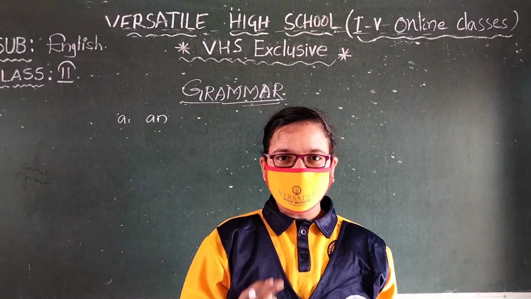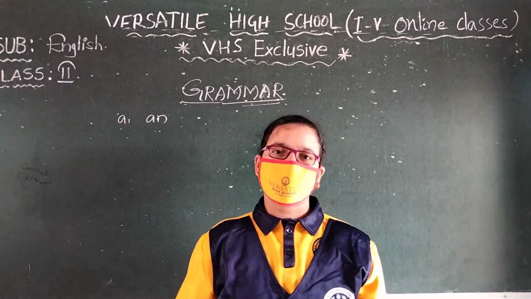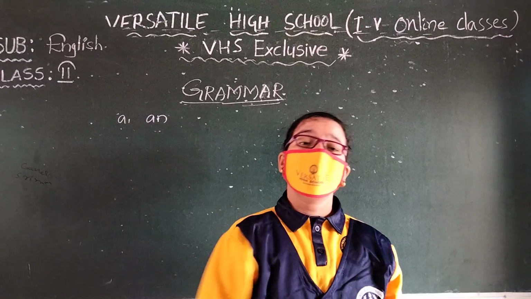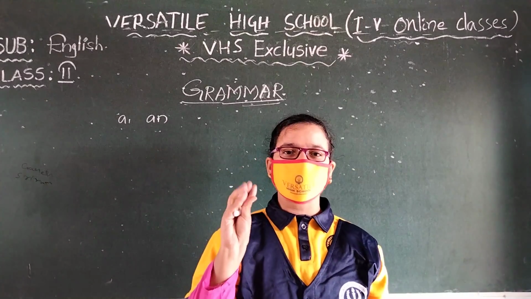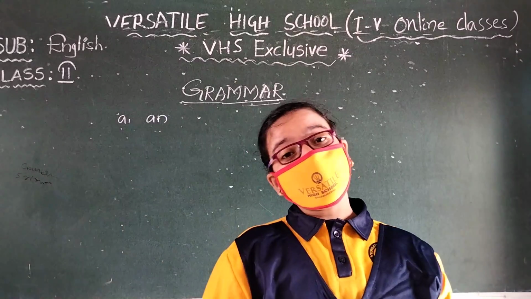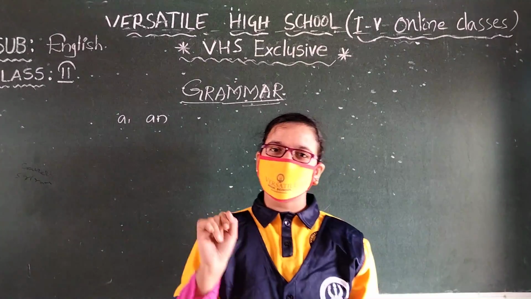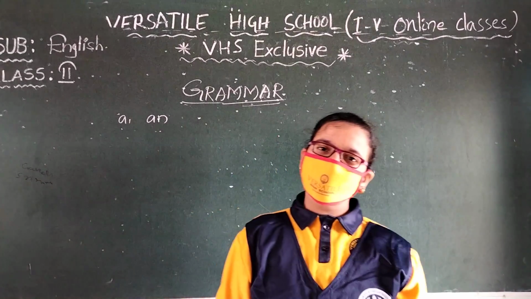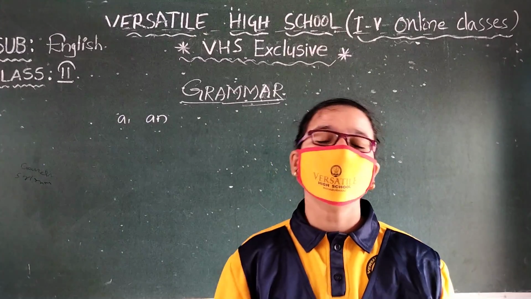Already we learned this in the previous class. How many vowels? 5 vowels. And how many consonants? 21 consonants.